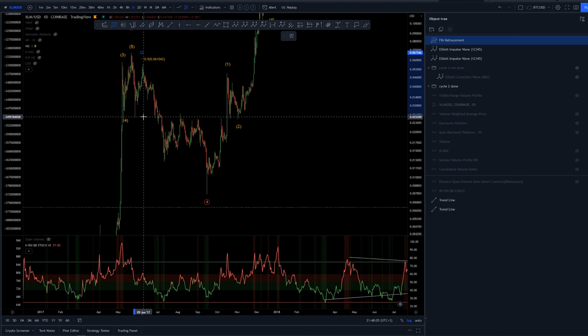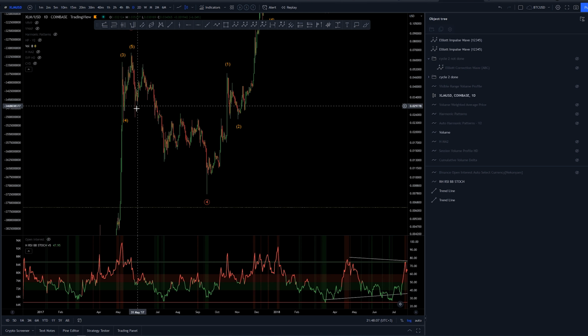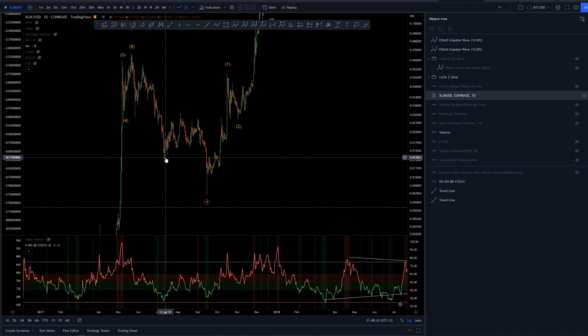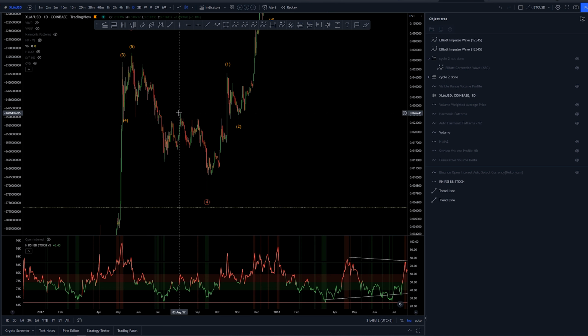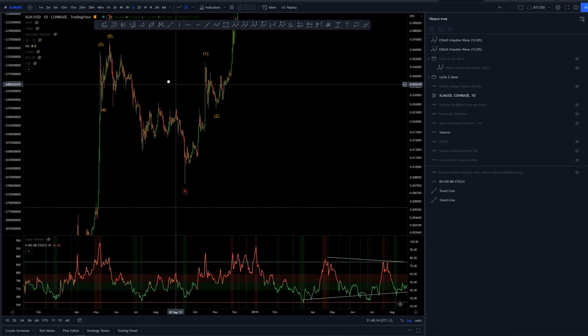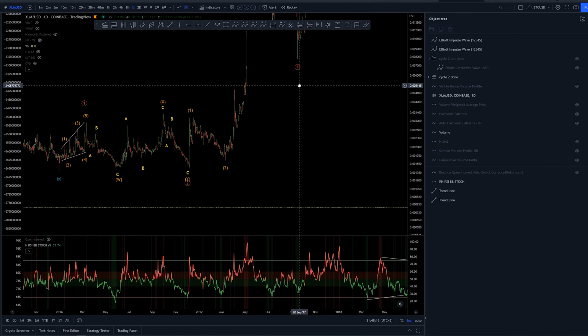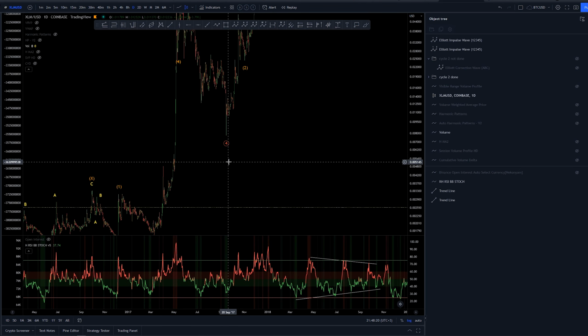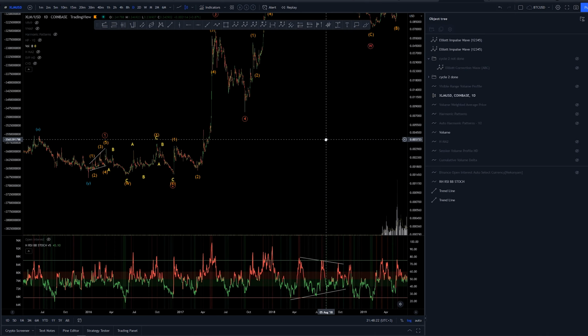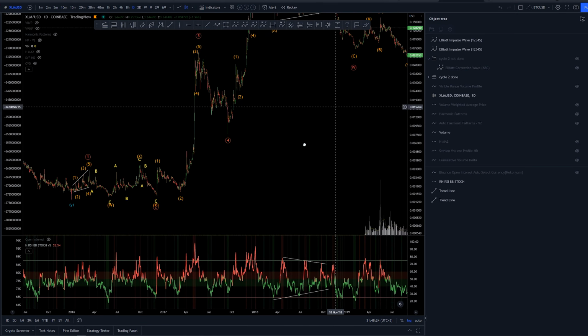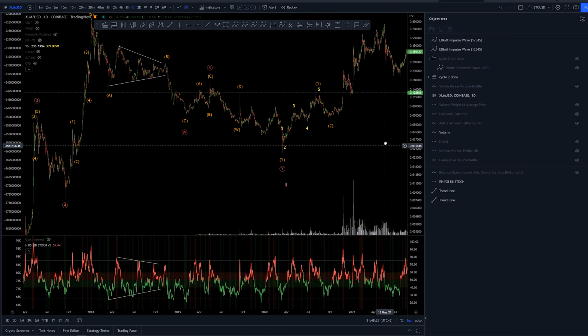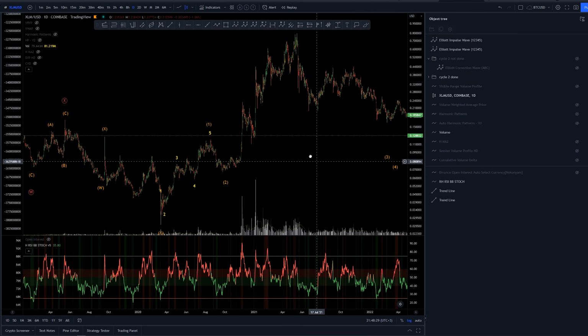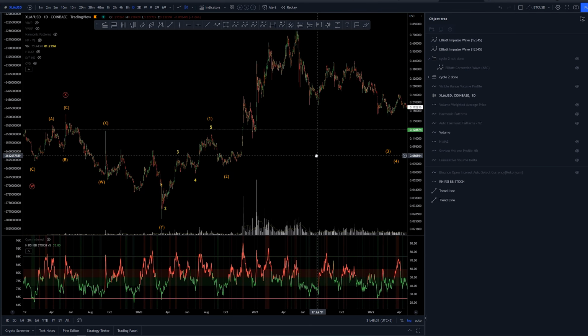We did not get to the 0.9, which could qualify this again for a zigzag here. It could be a double zigzag as well. That's a bit odd. There would be no alternation in that case. Oh well, that's sometimes happening. The alternation guideline is a guideline again, and not a rule.